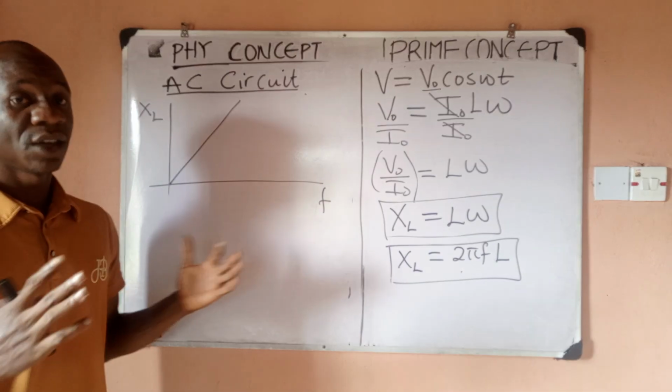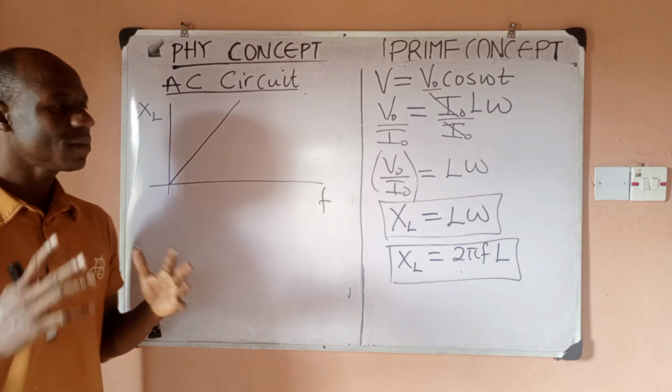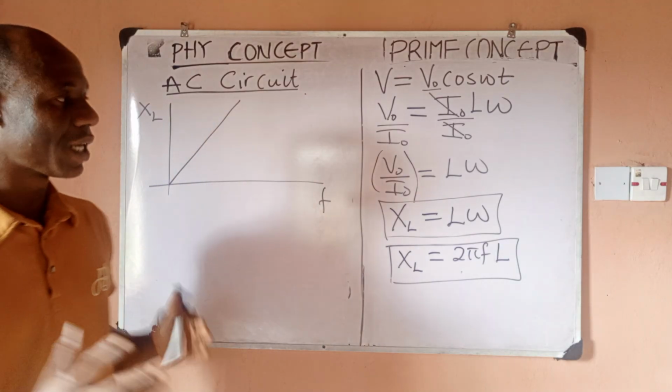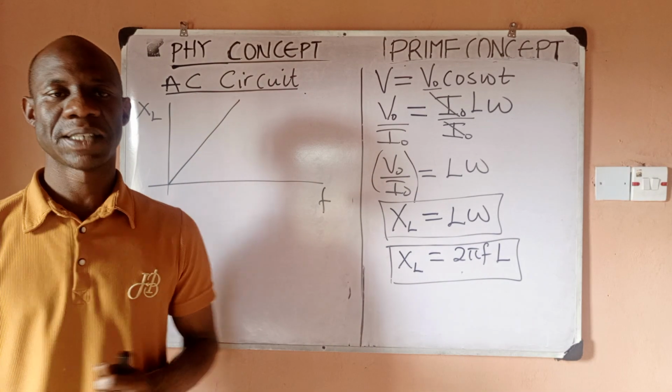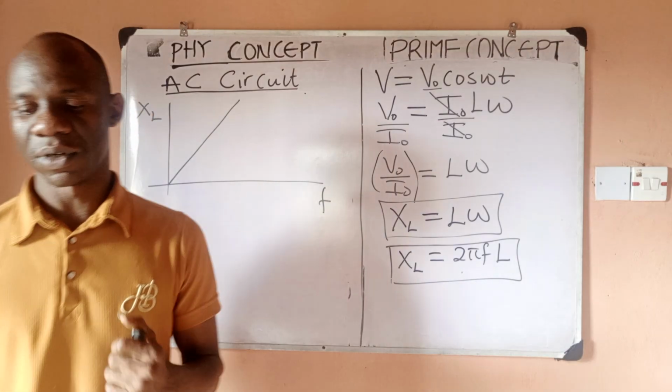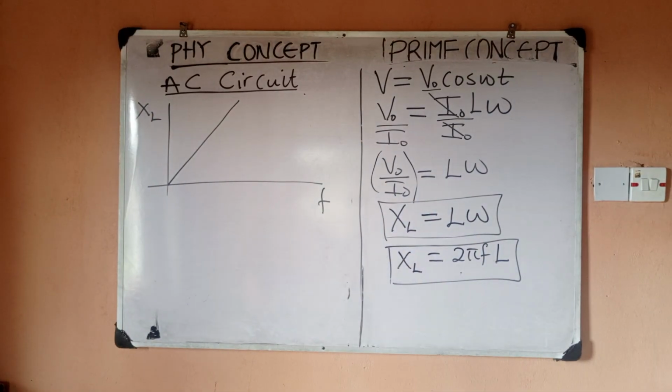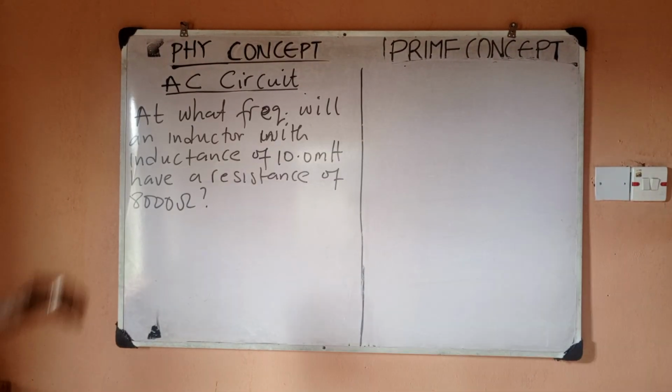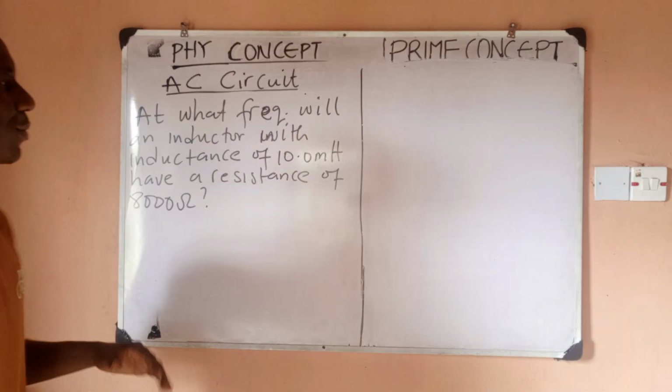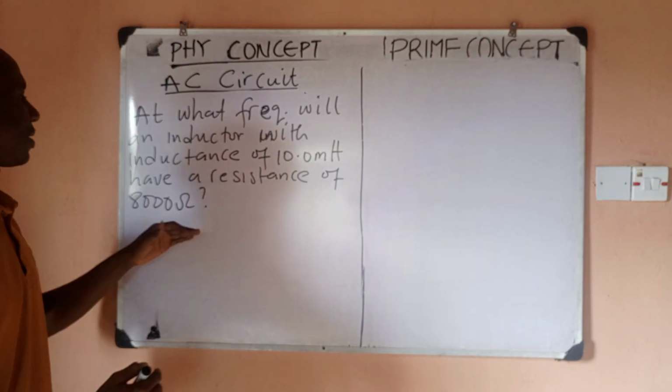So I've pointed out a whole lot of things under the purely inductive circuit. Before we end this video, let's take one example to buttress our point. All right, let's take this quick example and use it to draw the curtain on this video.